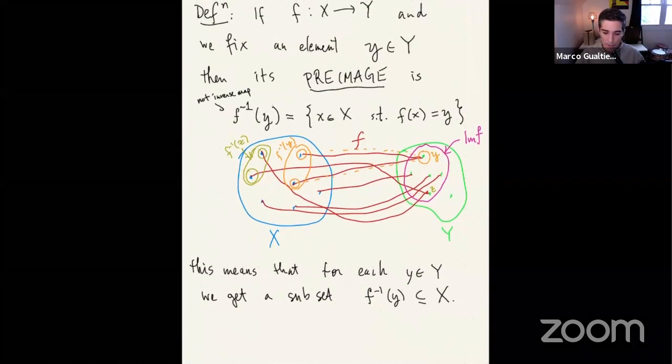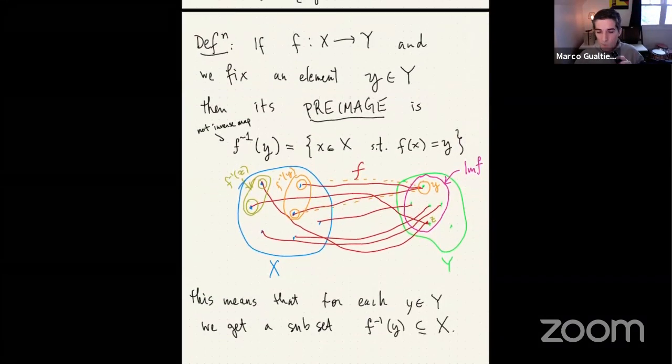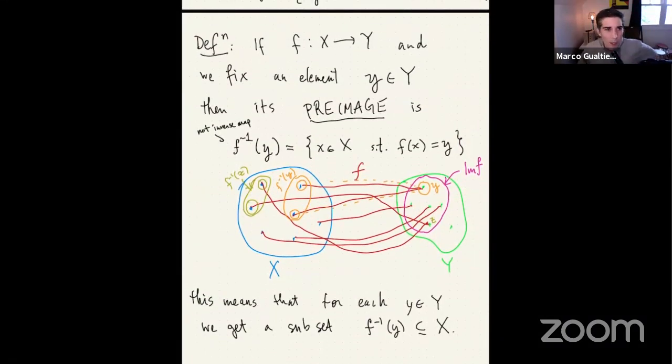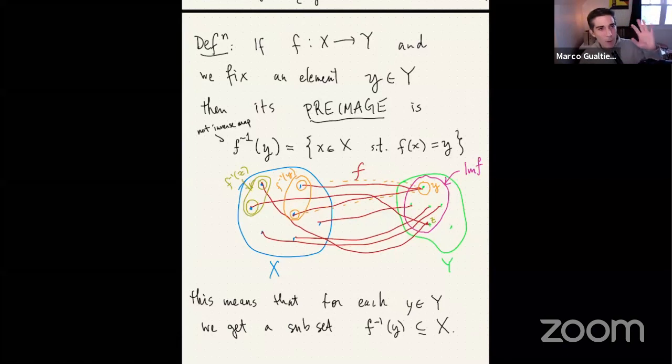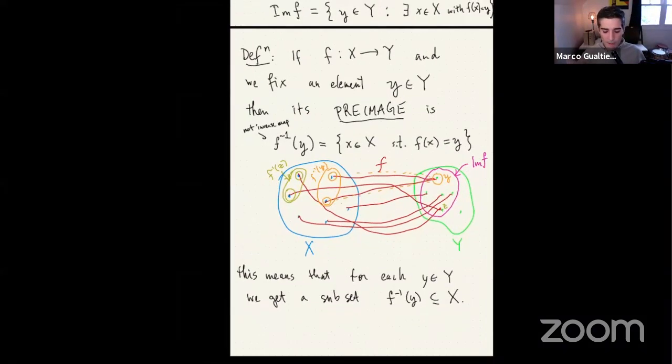So we have one image, and we have a whole bunch of pre-images.